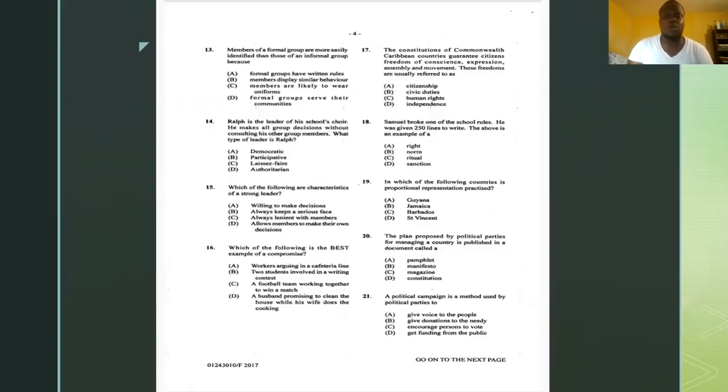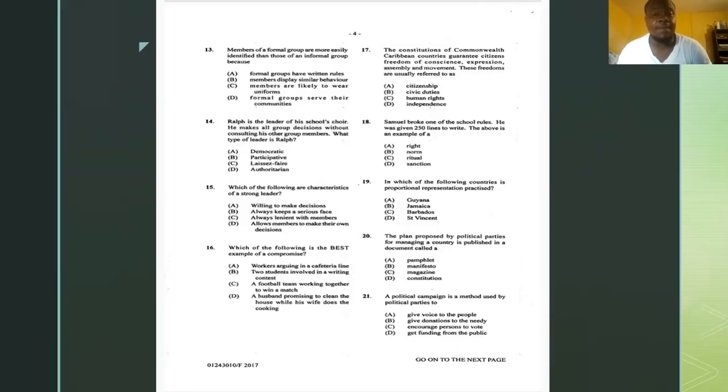Number 21 now. A political campaign is a method used by political parties to A, give voice to the people, B, give donations to the needy, C, encourage persons to vote, or D, get funding from the public. Let me hear your answer for number 21. Let me read the question again.